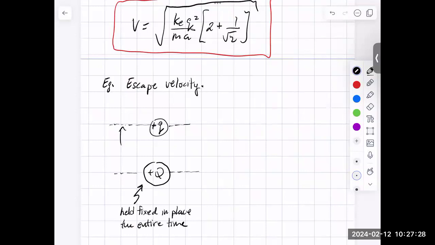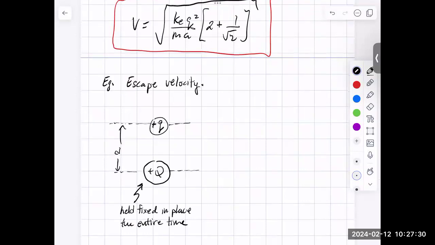Sorry, that's not a plus charge. This is going to be a negative charge, so they're attracted to one another. Our goal is to arrange it so that these charges never come together despite the Coulomb attraction between the two.